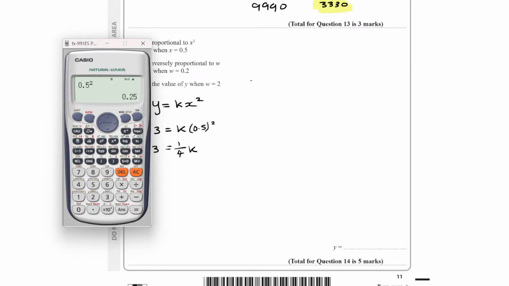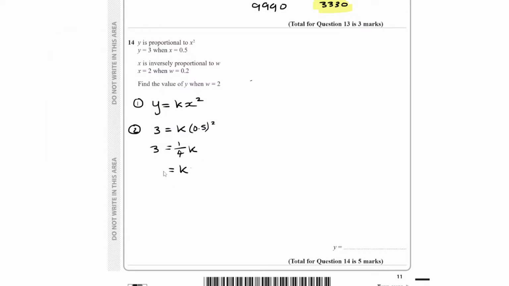So to solve that, I'm going to divide by a quarter, or that's the same as timesing by 4, isn't it? So 3 divided by that is 12. So for this one, the k is 12. So if I rewrite my equation, I get y is equal to 12x squared. That's the relationship between y and x.